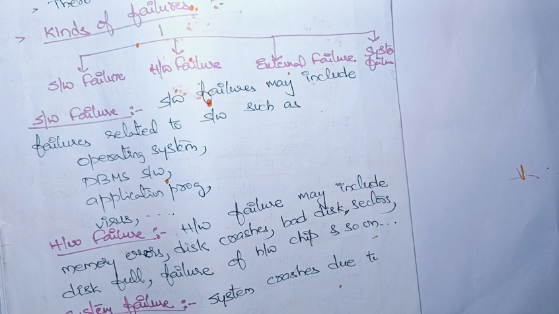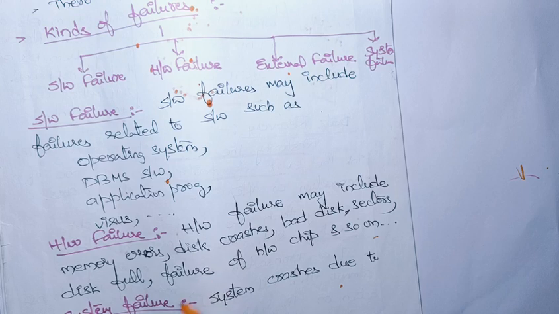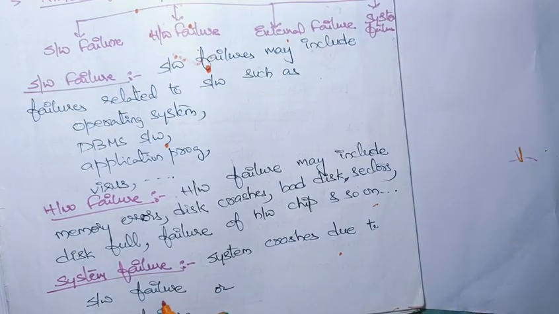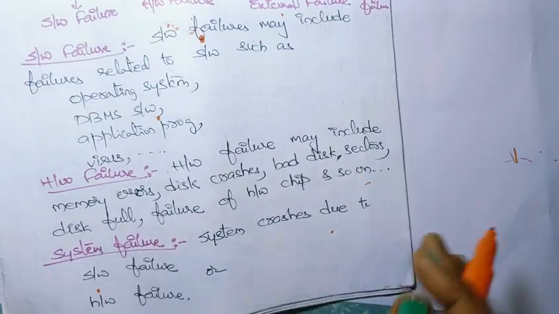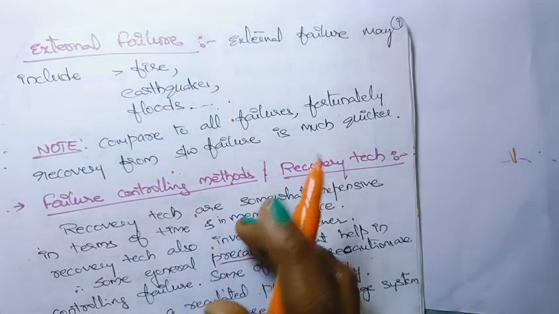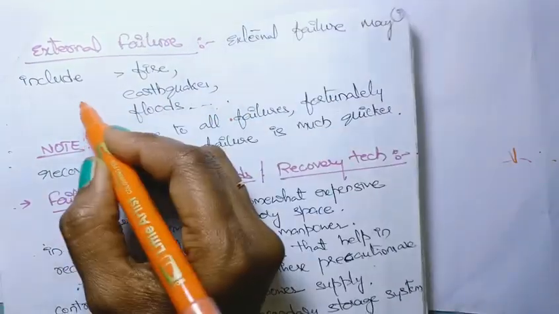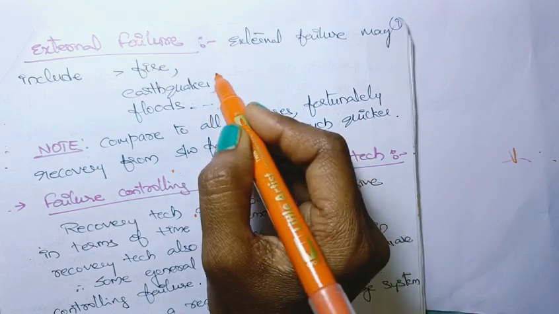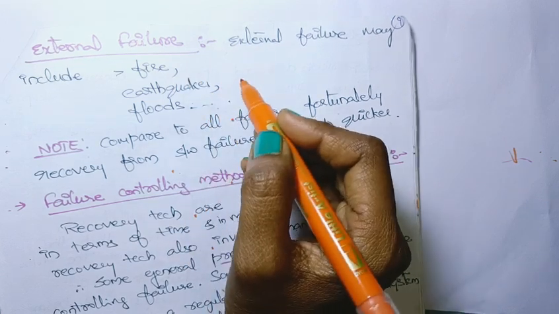Next one, system failure. System failure means the system crashes due to software failure or hardware failure. Next one, external failure. External failure may include fire, earthquakes, floods, and so on.